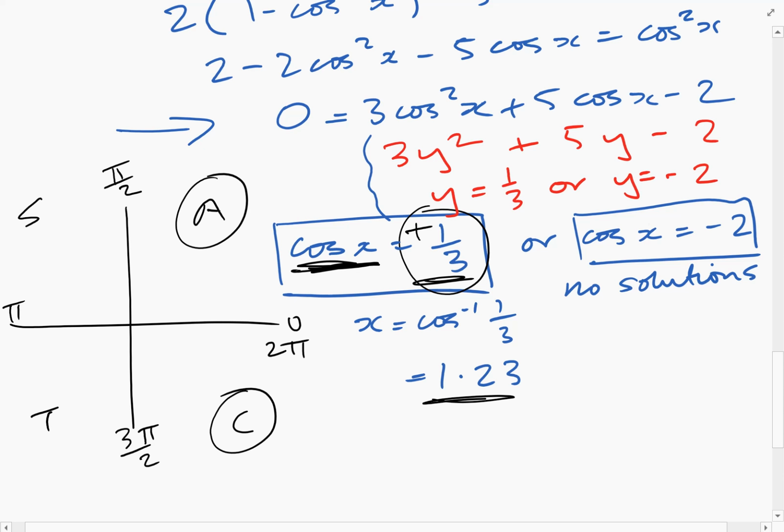We can draw the 1.23. So 1.23 is going to be about here, 1.23 radians, and we've got to reflect that down here because cos is positive in this quadrant, so 1.23.